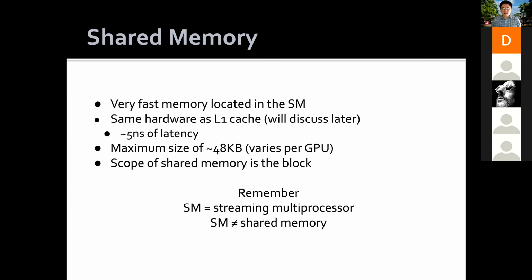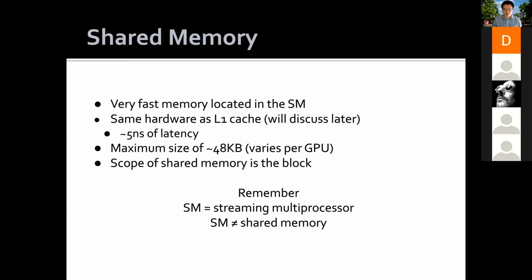Next is the shared memory. We also need to maintain a good usage of the shared memory. Shared memory is a very fast memory located in each streaming multiprocessor, SM, and it's the same hardware as the L1 cache. We will discuss this later, but L1 cache and shared memory can be configured to each other.